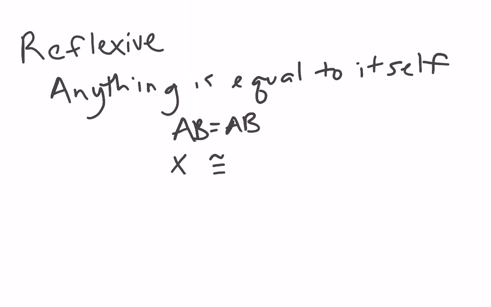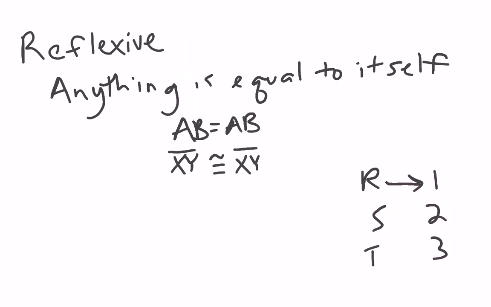So I might have XY is congruent to XY. So we can use equals or congruence. Anything is equal to itself. So that's RST1, 2, 3. Reflexive means one thing is congruent to itself.